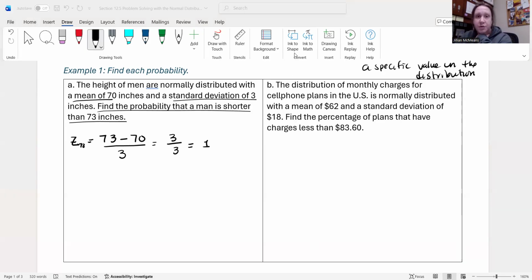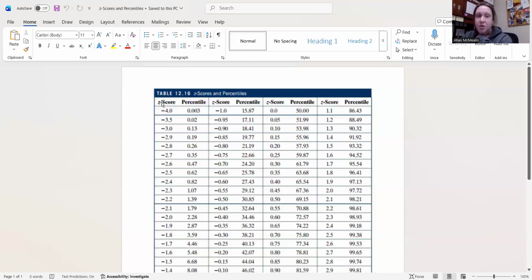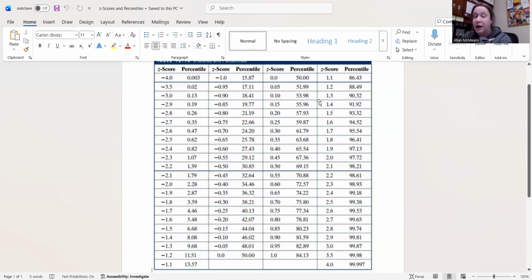So let's switch over to the percentile table. So this is the percentile table. What you want to do is notice that each column has a z-score and a corresponding percentile, a z-score, a corresponding percentile, and so on. So we want to scroll until we find a z-score of positive 1, okay? So that would be right here, alrighty?